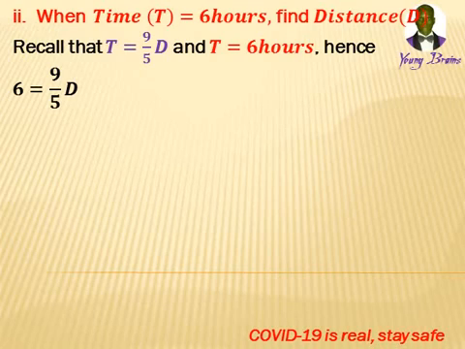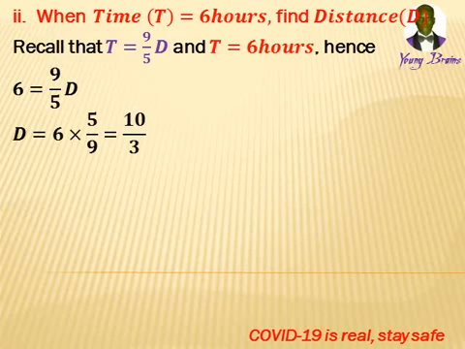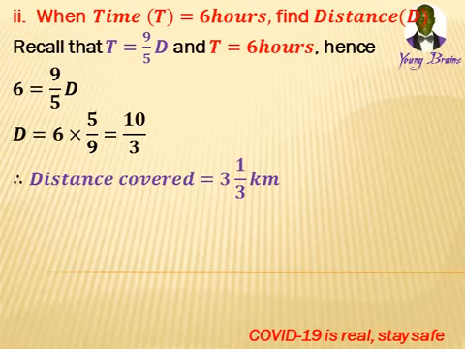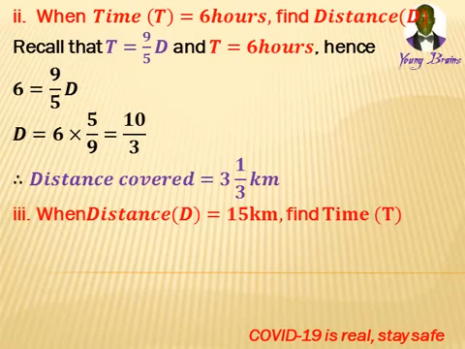Hence, 6 equals 9 divided by 5 d. Then our d is gotten as 6 times 5 divided by 9, which gives us 10 divided by 3. Therefore, the distance covered is 3 1/3 kilometers.